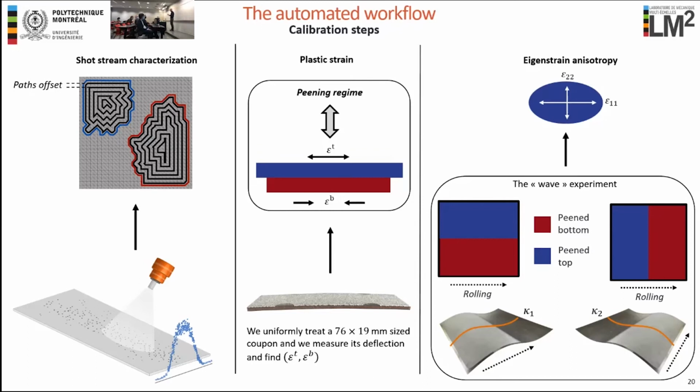Then we measure the curvatures of these two plates. They are different due to the plastic strain anisotropy. And then once again, we use the simulation software that adjusts the coefficient of the eigenstrain anisotropy according to the experimental results, so that the experimental results correspond to the simulated ones.